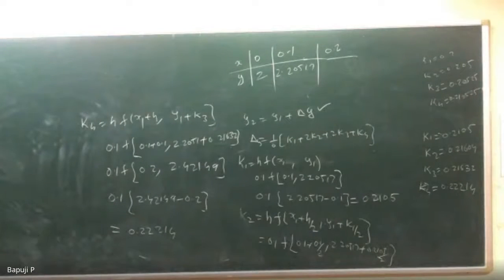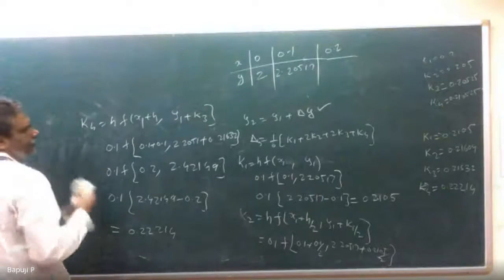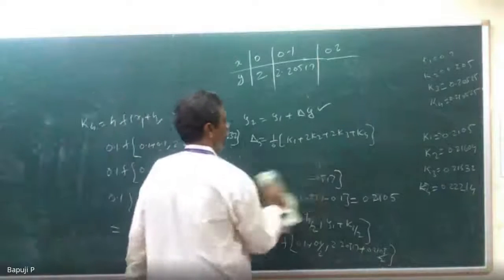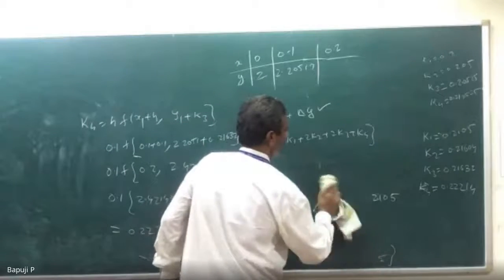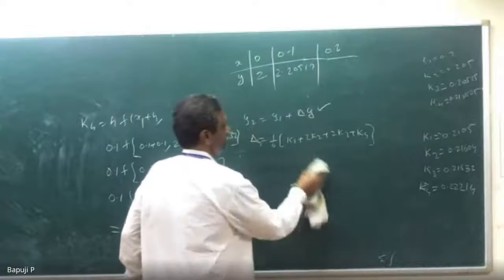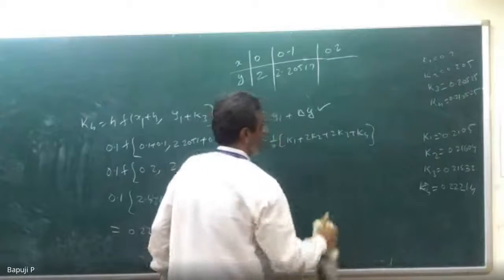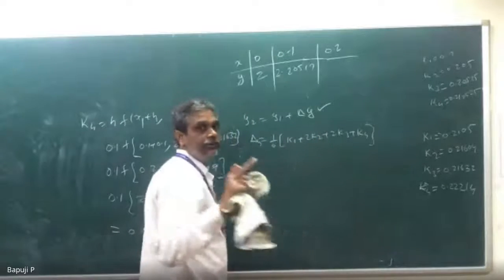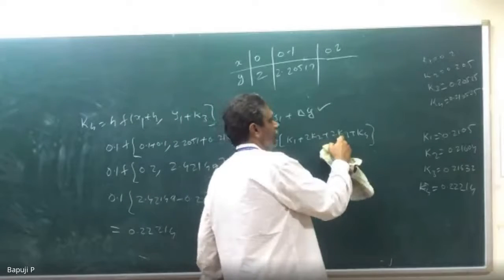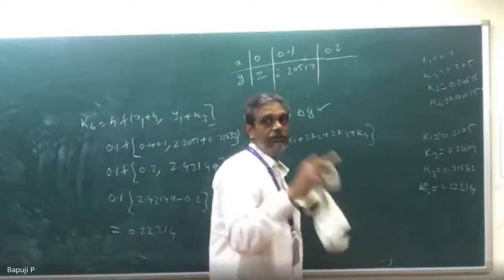K1 plus 2K2 plus 2K3 plus K4. What I told, because there K1 by 2, K2 by 2 we are doing for K2, K3 values, there you can multiply by 2. Remember like this. Okay or not? So because to find K2 what I will do, K1 by 2. To find K3 what I will do, K2 by 2.